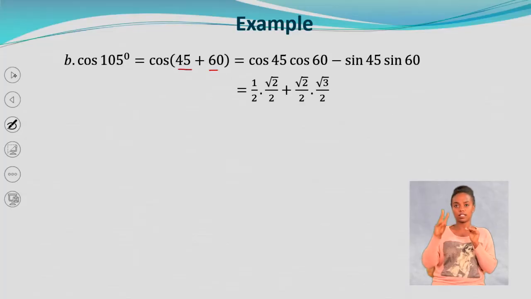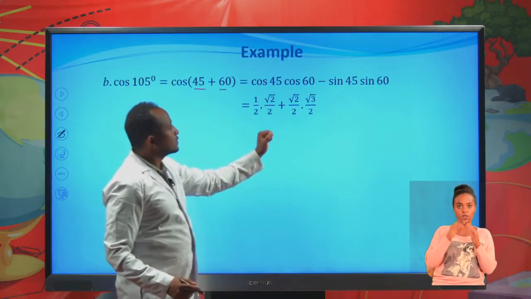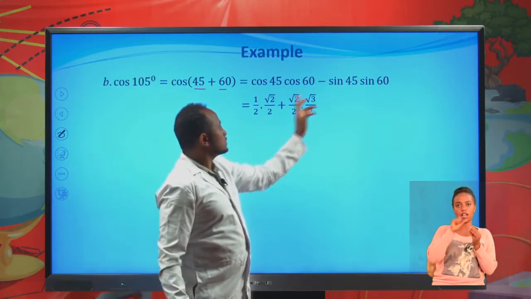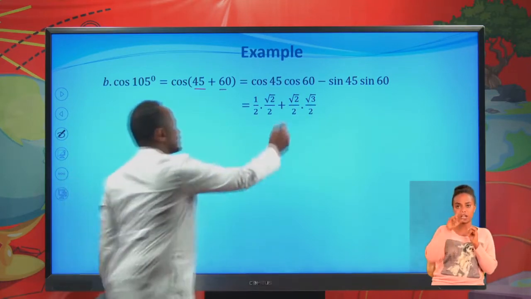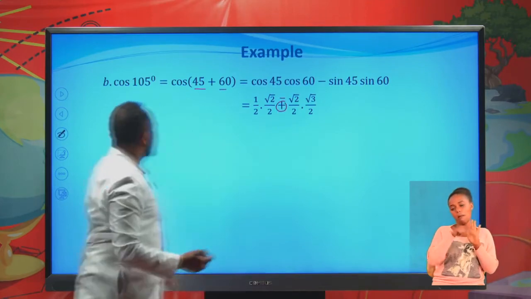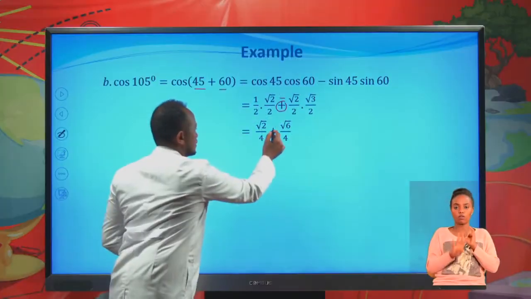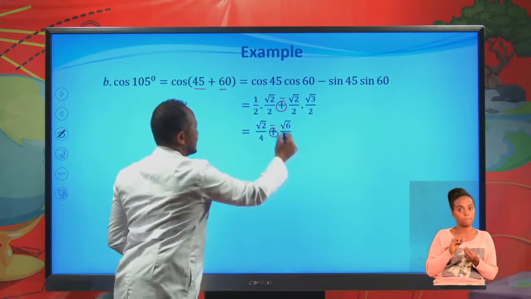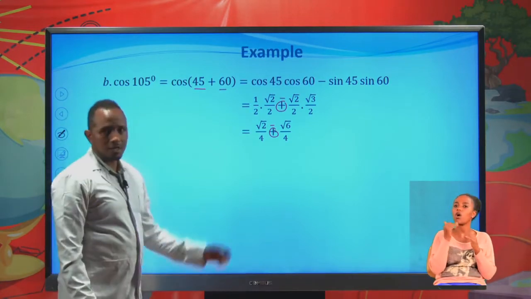Cos 60 is half, and cos 45 is root 2 over 2, sine 45 is root 2 over 2 and sine 60 is root 3 over 2. So this one is not plus, it is minus. Therefore, this is root 2 over 4 minus root 6 over 4. This will be the answer.